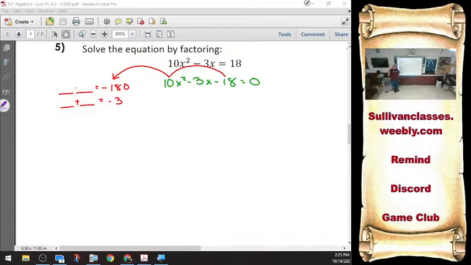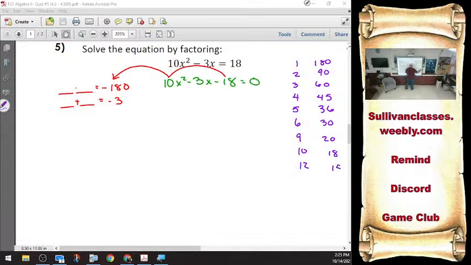If you need to list out all your factors of 180 because you don't know off the top of your head, 12 and 15, you say 1 and 180, 2 and 90, 3 and 60, 4 and 45, 5 and 36, 6 and 30, 7, no, 8, no, 9 and 20, 10 and 18, 12 and 15, 13, 14, no, I hit 15, so it means I'm going back up the list.